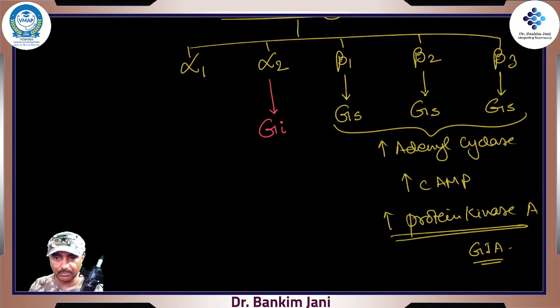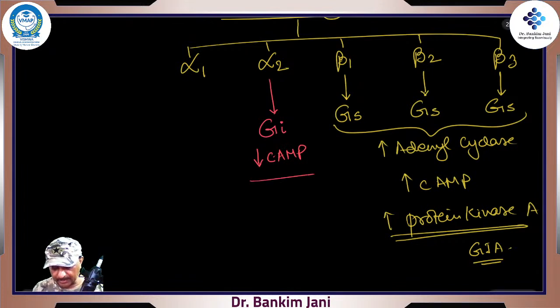Say for example, you want to tell the digestive system, now we are fighting, so you just stay silent, right? So you need to tell some structures not to work and some structures to work. That's why there is an inhibitory component which is also needed. So if it is GI, then there is a decrease in cyclic AMP, right? You know the reason now very well. And that's how they will be acting.